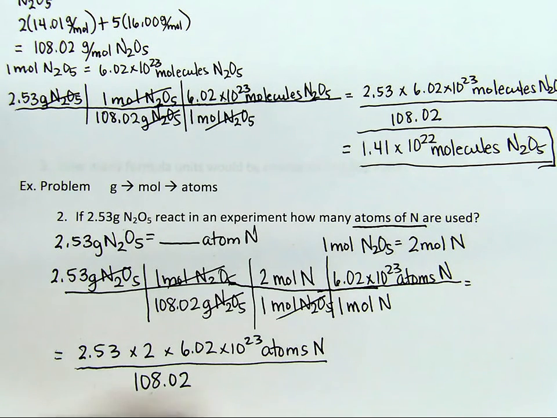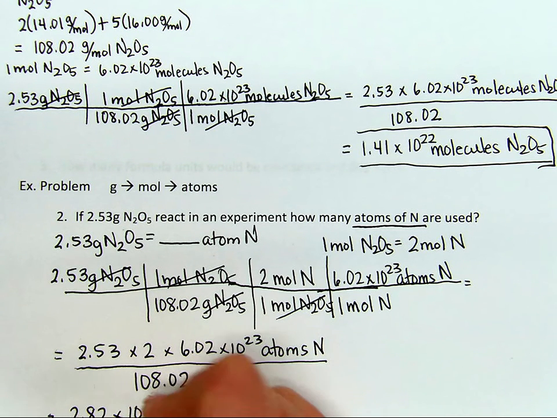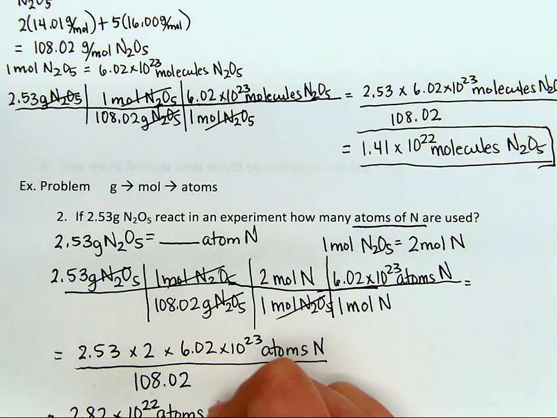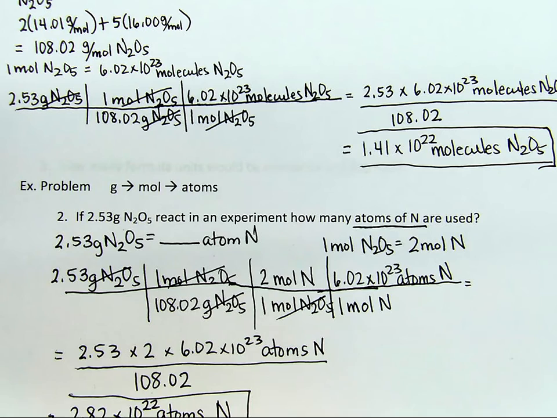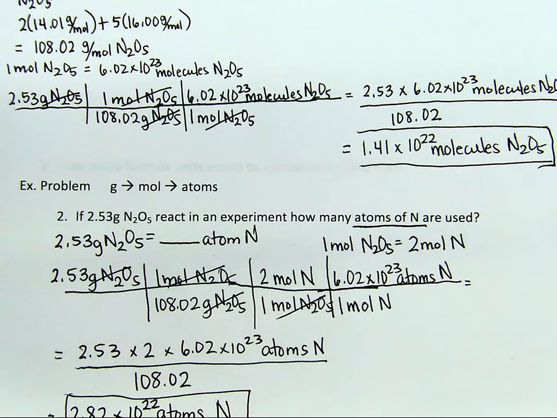And when we do that, our answer is going to be 2.82 times 10 to the 22nd atoms of nitrogen. We'll go ahead and box that out. Perfect. Very good.